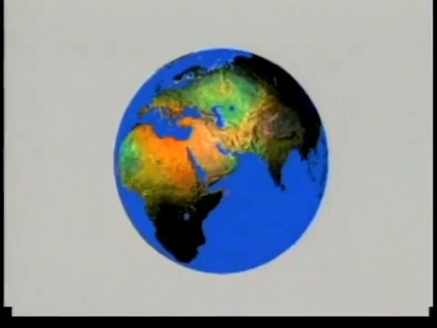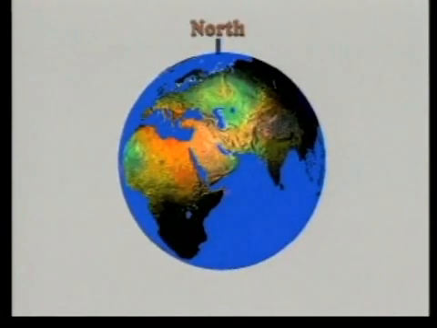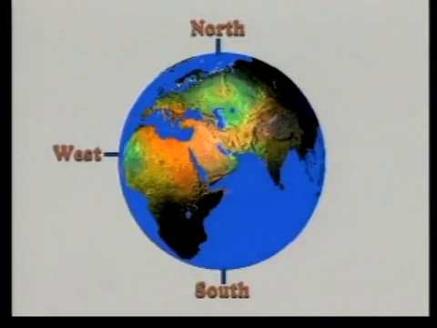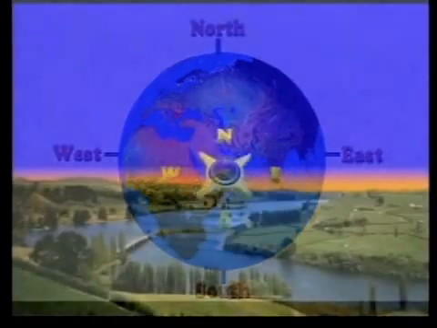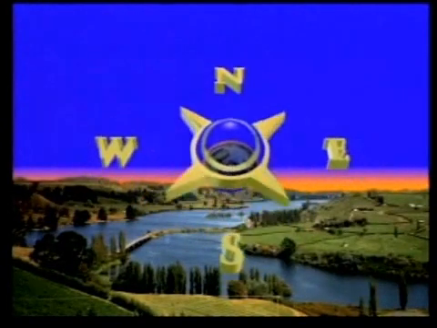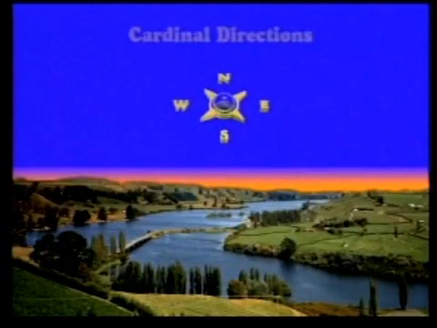When the globe is positioned so that the North Pole is located at the top, which is generally the case, north is up, south is down, west is to the left, and east is to the right. North, west, south, and east are known as the cardinal directions.